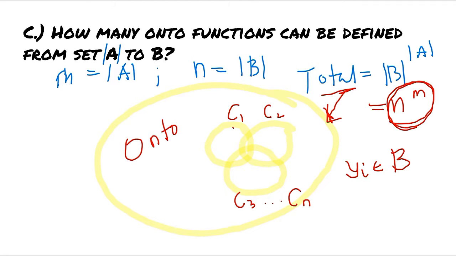This property: if the function is not onto, then this y sub i should not be included in the images of the functions in C sub i.